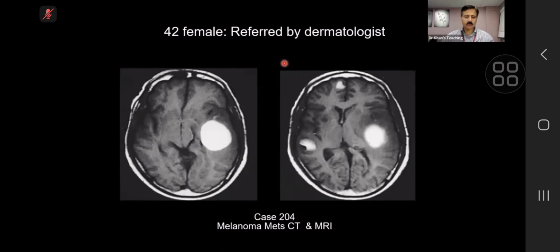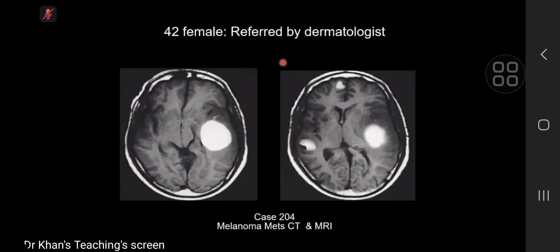Last case. Because this was referred by a dermatologist, so you cannot make a diagnosis just on this basis, but how will you describe it? There are T1 initially hyperintense intra-axial lesions noted at both cerebral hemispheres.